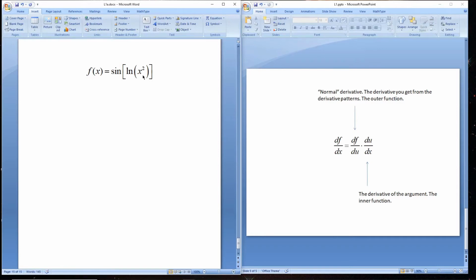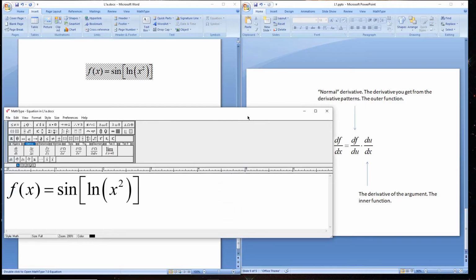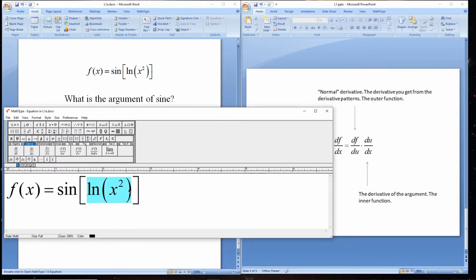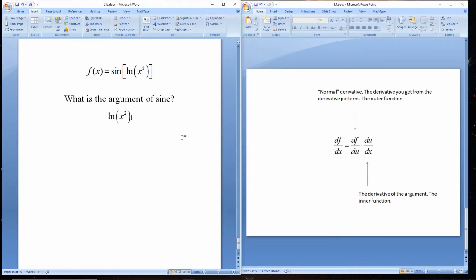Now, what else do you see? Let me ask this. Let me just type this out. What is the argument of the sine function? It's log of x squared. Let me ask you this then.